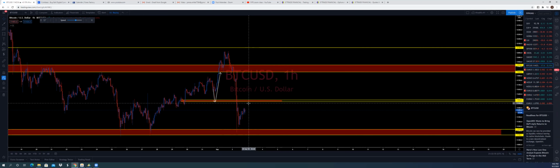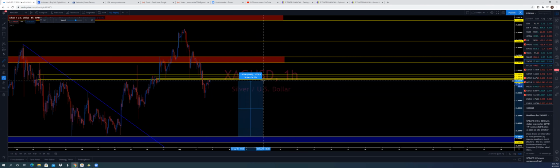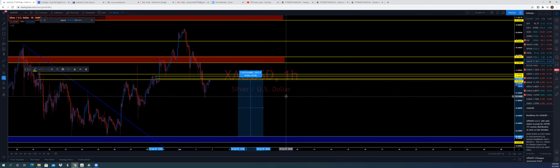And with this being silver, this could very well be an opportunity for another 1,500 pip play, quick and easy. So that's what I'm looking at for silver. And I think it might be beautiful.